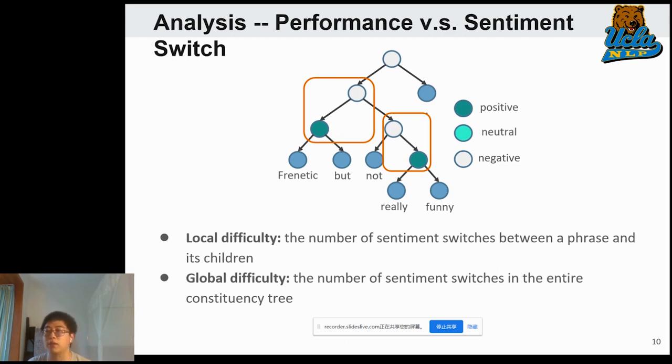The more the sentiment switches, the harder the instance is. We further define local difficulty as the number of sentiment switches between a phrase and its children, and the maximal number is 2, as we consider a binary sentiment tree. And we also define global difficulty as the total number of sentiment switches in the entire constituency tree.